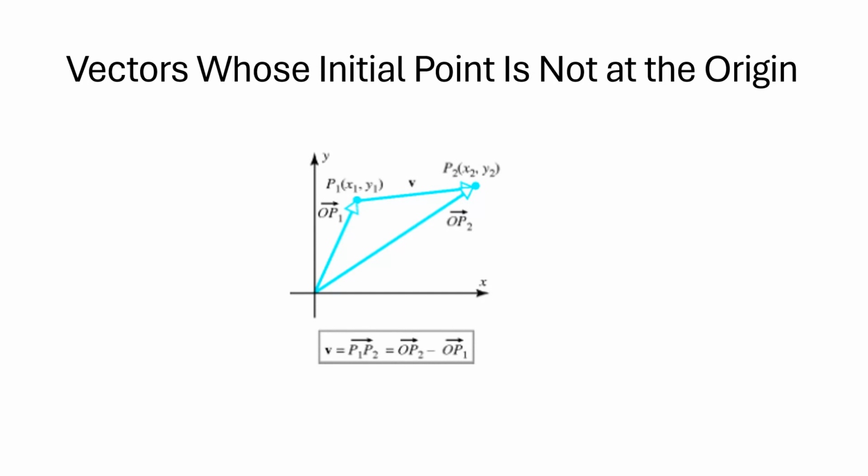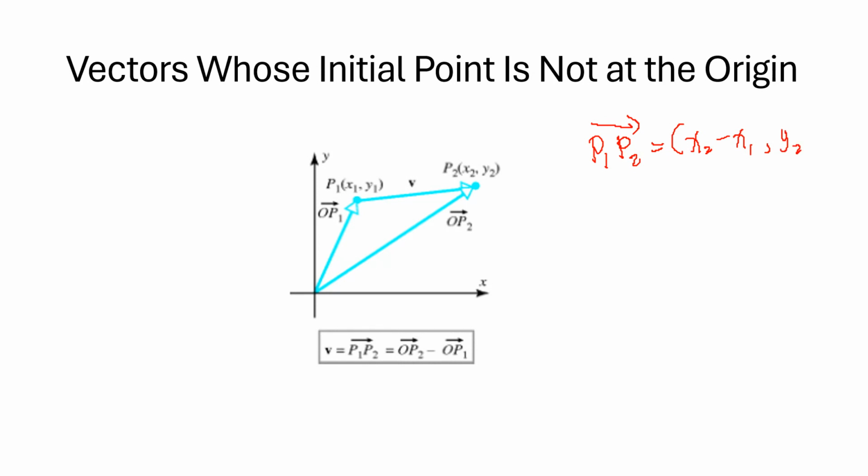Given the formula, the vector P1P2 would be equal to x sub 2 minus x sub 1, and y sub 2 minus y sub 1.